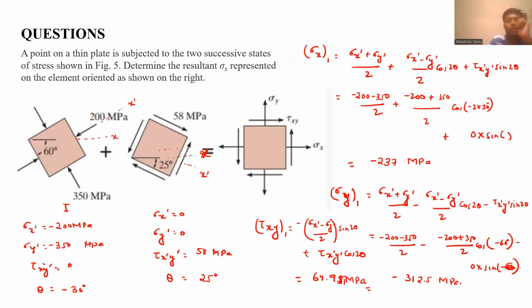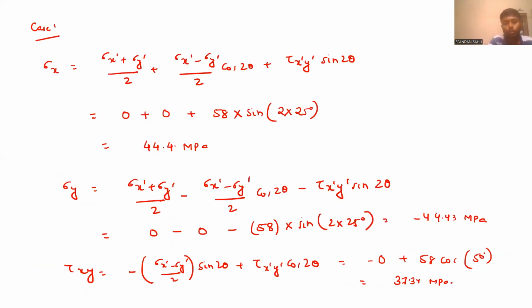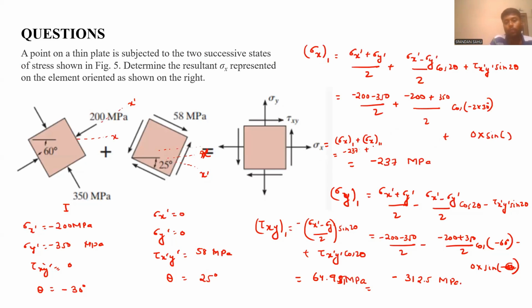So from everything, we calculated sigma x, sigma y and tau xy for the first case and the second case respectively. Now we just have to superimpose to get the resultant sigma x, sigma y and tau xy. So here I am writing sigma x will be sigma x from 1 plus sigma x from 2. So what will we get? Sigma x from 1 is nothing but minus 237.5, and sigma x from 2 is nothing but 44.4.